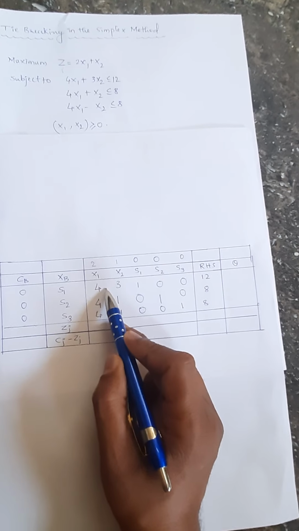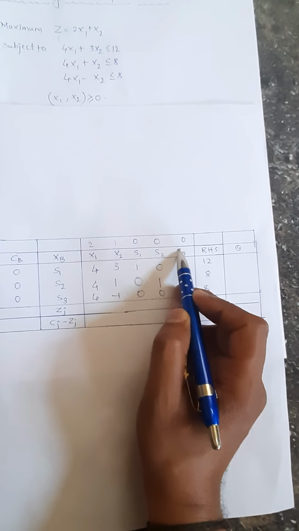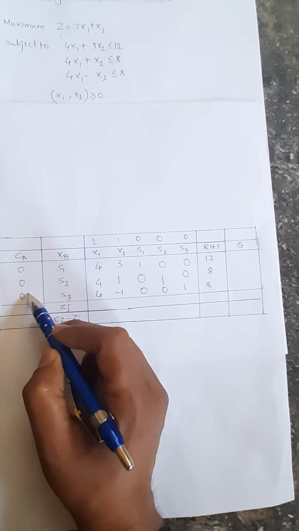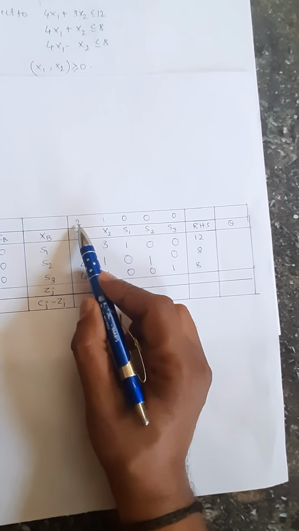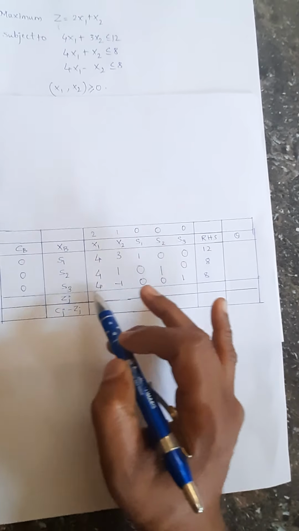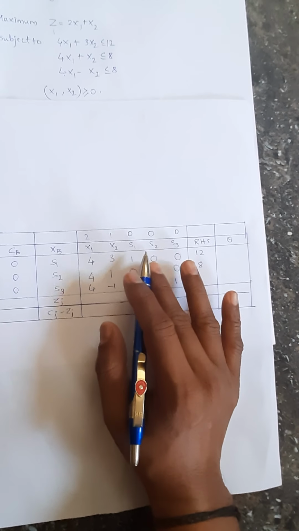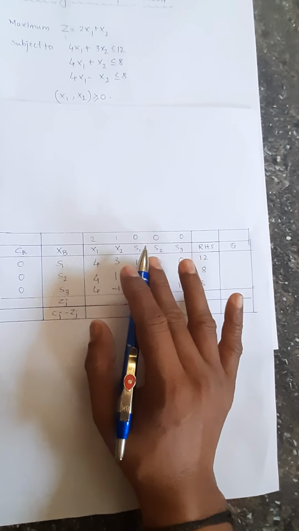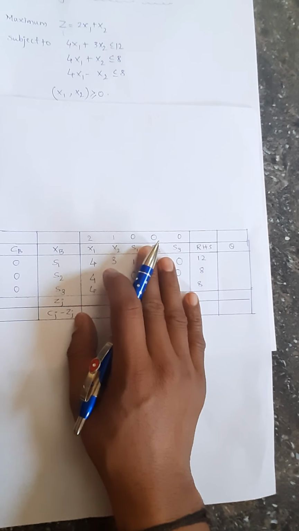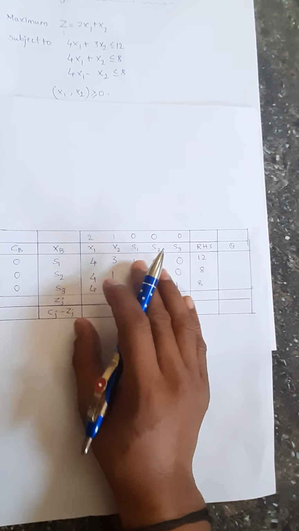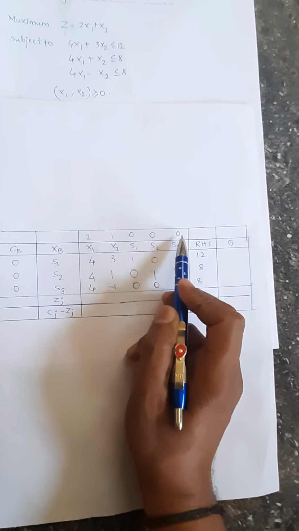Similarly, in the objective function s1 is 0, s2 is 0 and s3 is 0. Similarly we added 0, 0, 0 here. So remember the first steps: first you create a table and define the different variables from the standard form, and first you assign the objective function coefficients.